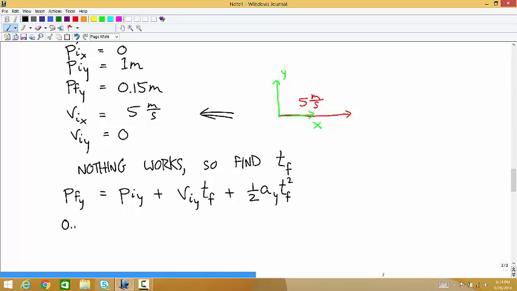So that says 0.15 is equal to 1, plus this term is 0 because VIY is 0, minus 4.905 TF squared.